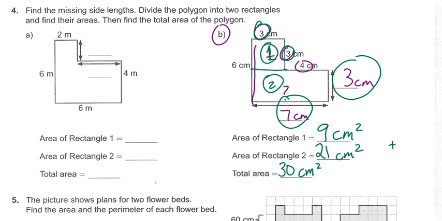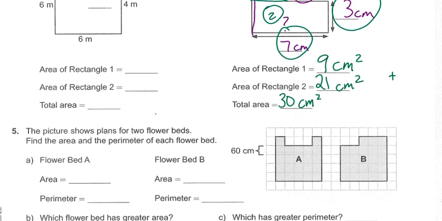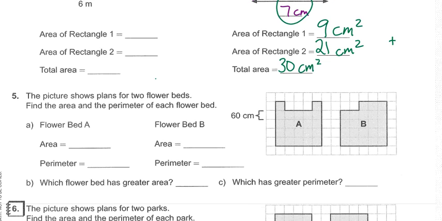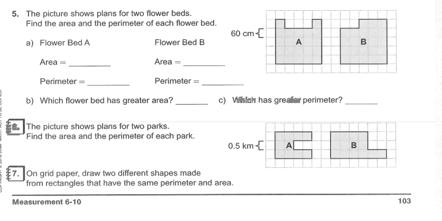All right. The rest of this is just using that idea and figuring it out. Question 5 does throw in a little bit of a wrench for you. It tells you that this little length right here is 60 centimeters. So you have to keep track of that, counting each of these as 60, right? So how long is this on this side of A?